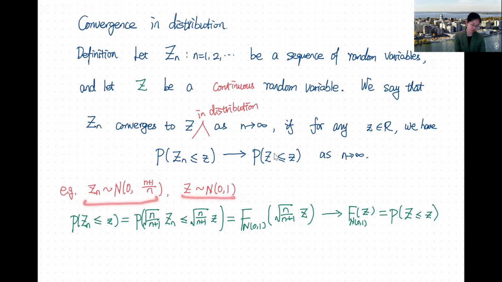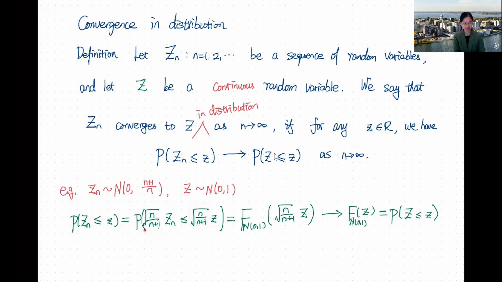How do you show that? It's easy to show. The probability of Zn being less than or equal to little z equals the probability that this constant, which is the square root of the inverse of its variance, times Zn is less than or equal to this constant times little z.